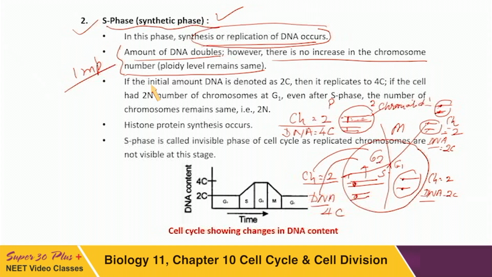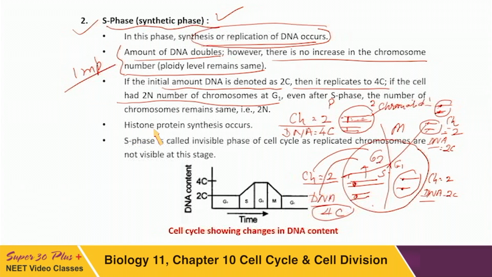If the initial amount of DNA is denoted by 2C here, then it replicates to 4C. Is it clear? The cell has 2 chromosomes at G1. Even in S, the number of chromosomes will not change, it will remain the same.